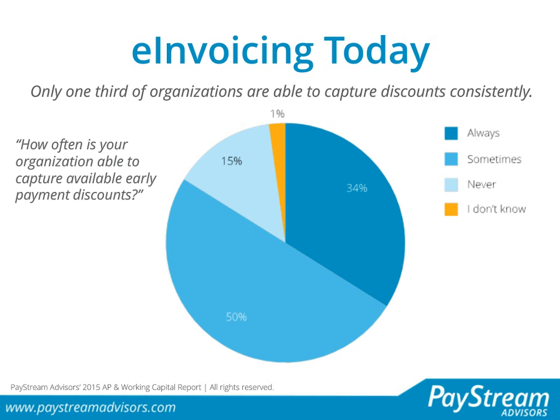That's right, Richard. And the real value here lies in not just a more efficient process, but also an increased ability to capture early payment discounts. So we asked the same survey group how often their organization was able to capture discounts, and only about 34% of them said they were able to consistently do so.